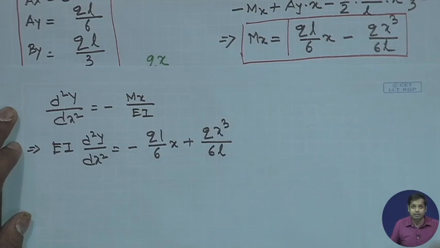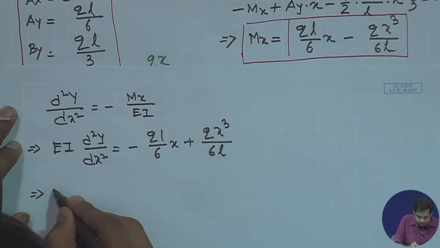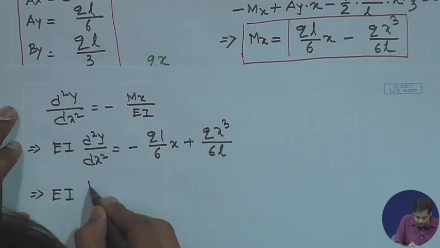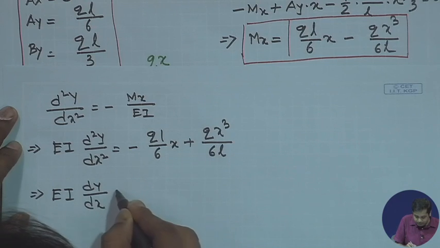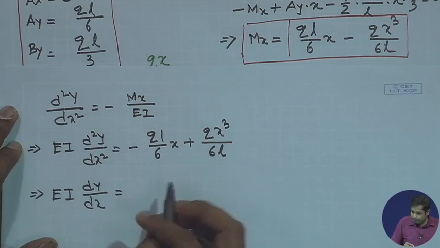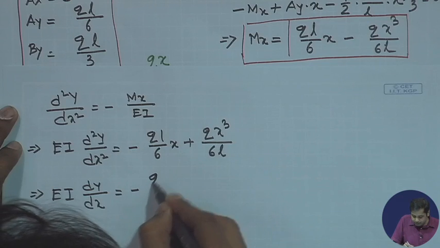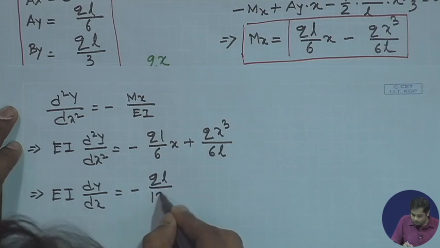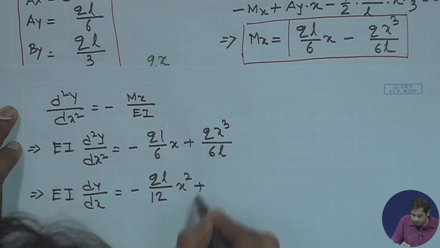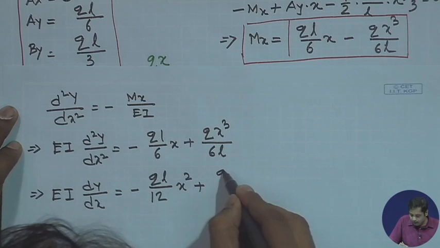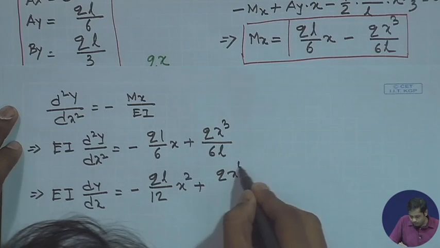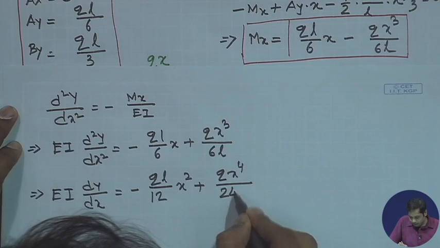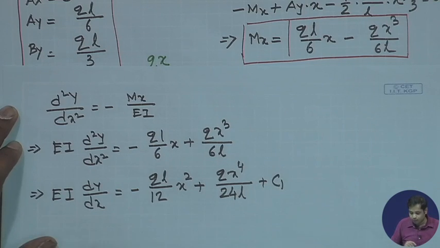Now, this needs to be integrated. If we integrate the first time, dy/dx becomes minus qLx^2/12 plus qx^4/24L plus C1.